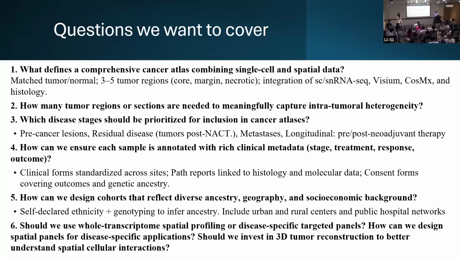Yeah. So let's move on to question number 4 we have. How can we ensure each sample is annotated with rich clinical metadata: stage, treatment response, and outcome? I know this is related to how much information you can get as a researcher from the clinical data, right?